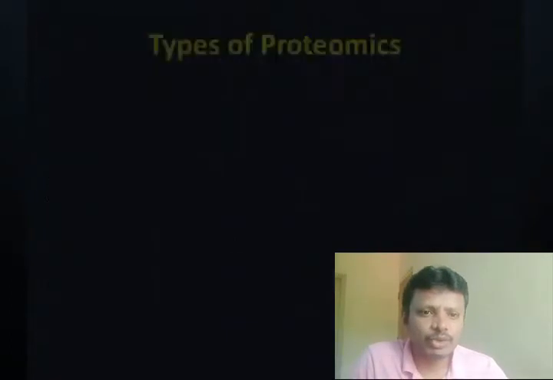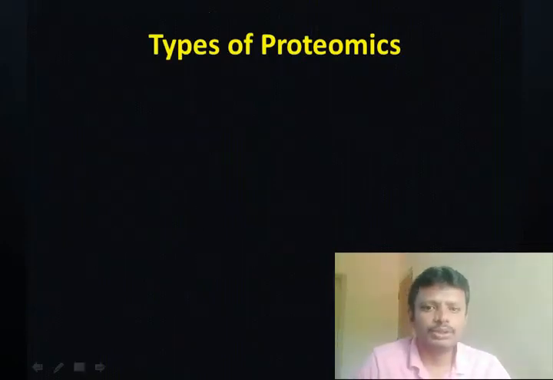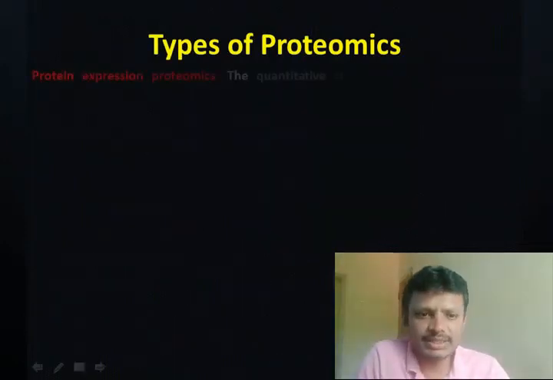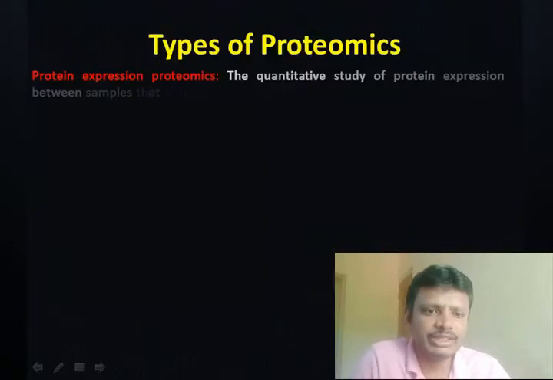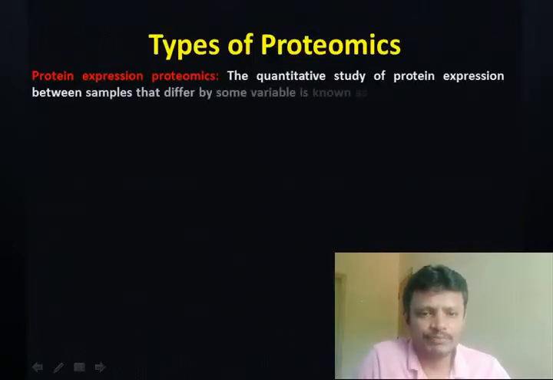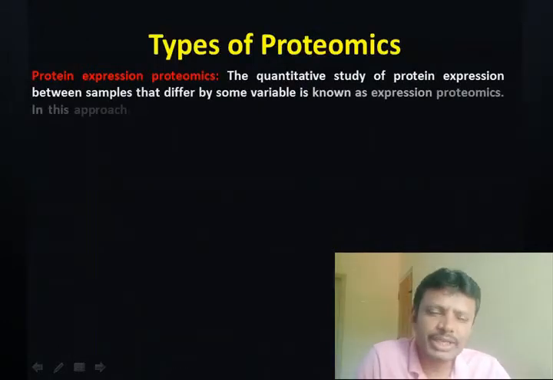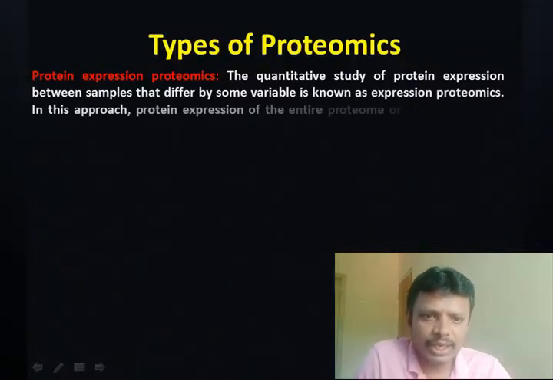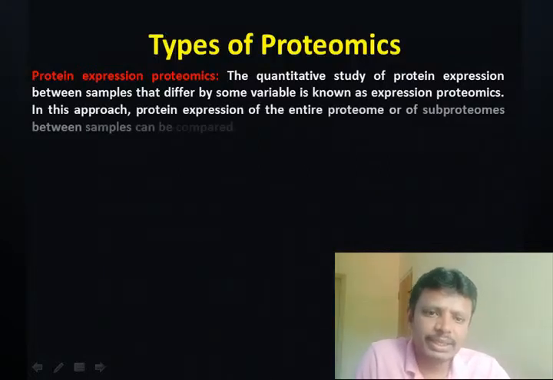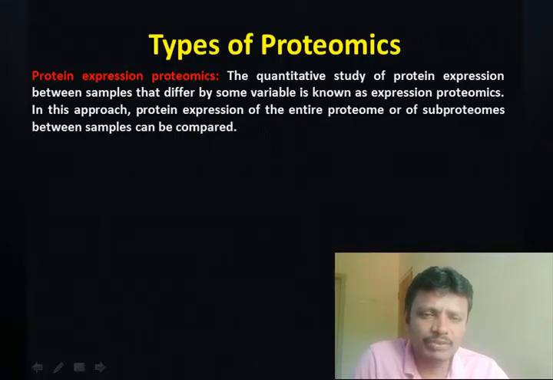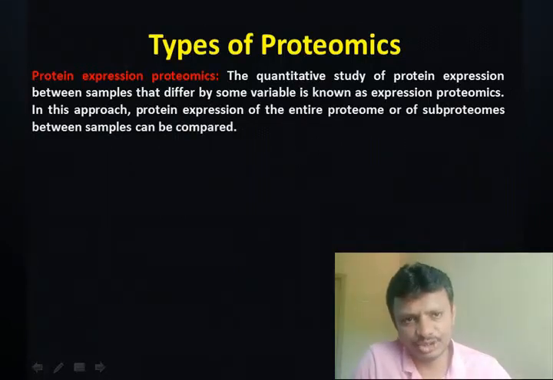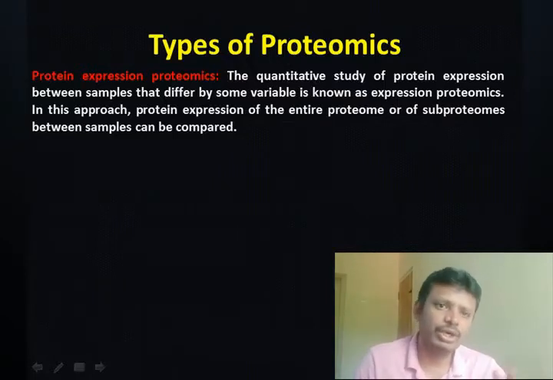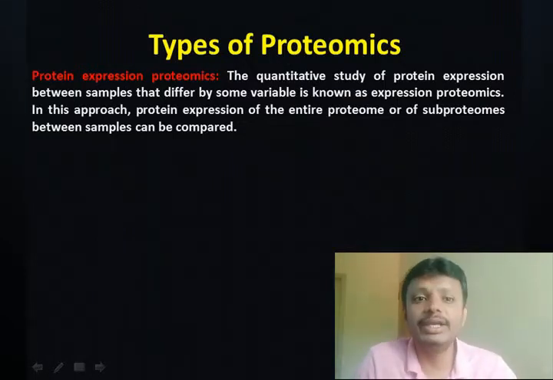Types of proteomics include protein expression proteomics. Here we will study the quantity of the protein expressed, its variable forms, and how different proteins are present and how they can be compared with each other with respect to the same population, different populations or different species.